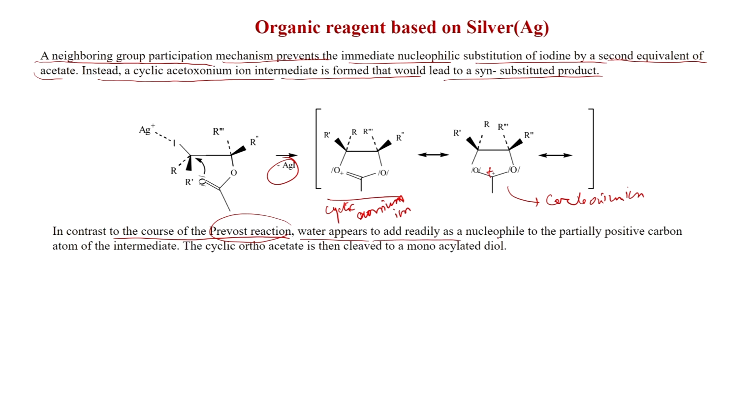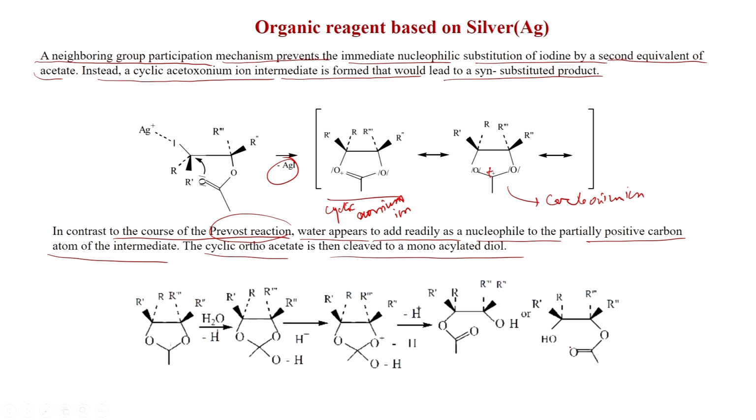Water appears to add readily as a nucleophile to the partially positive carbon atom of the intermediate. The cyclic orthoacetate is then cleaved to a monoacylated diol. So this is the carbonium ion, and now water attacks to generate this.